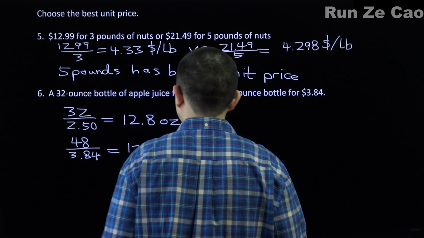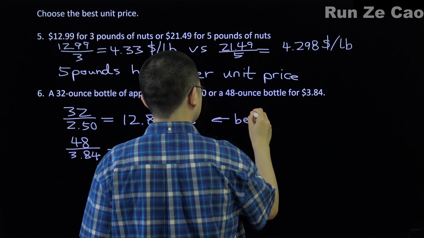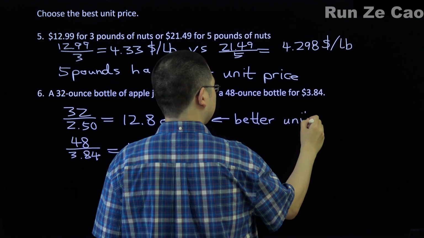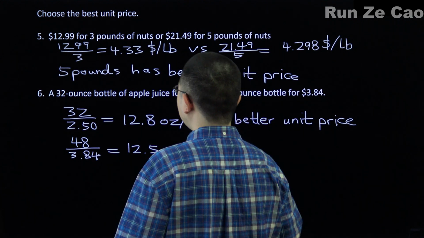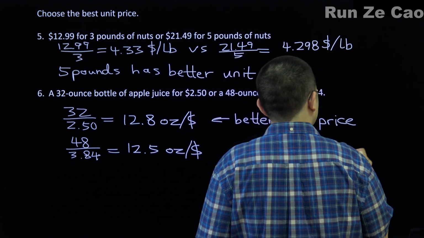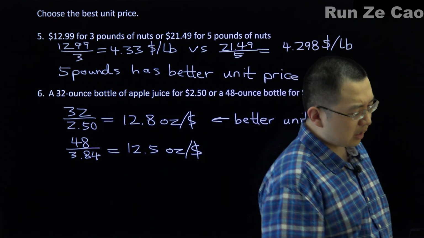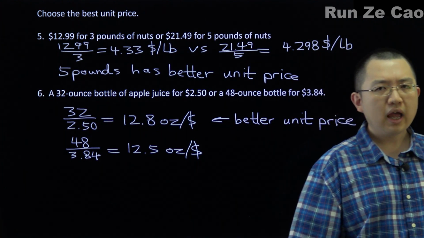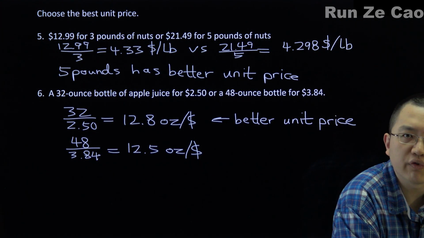So the better unit price in this case is the smaller bottle, the 32-ounce one, which is really uncommon because a larger bottle has less material costs for the bottle itself.